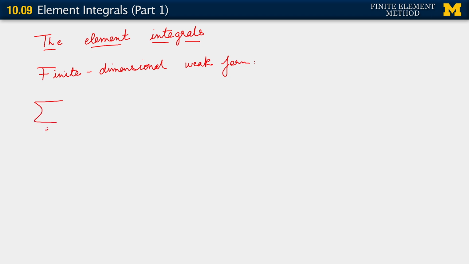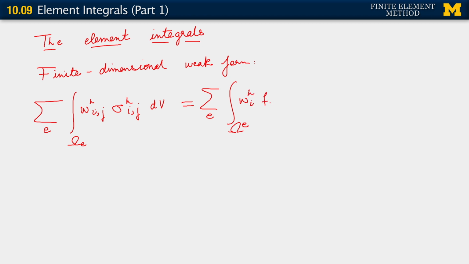sum over E, integral over omega E, w^h_{i,j} sigma^h_{ij} dV equals sum over E, integral over omega E, w^h_i f_i dV plus.